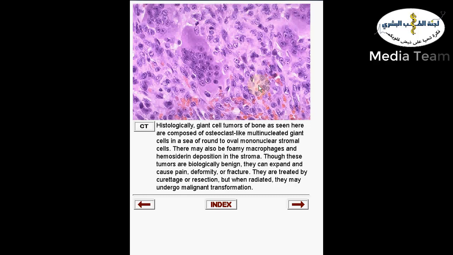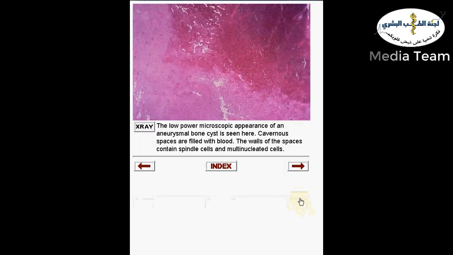They can expand, cause pain, cause pathological fractures in that area, and cause deformity. So sometimes, like in this patient, they need resection because of the local destructive nature of the lesion. But we don't use radiotherapy, we don't use chemotherapy. They are benign tumors. Just excision is the simple treatment for them.